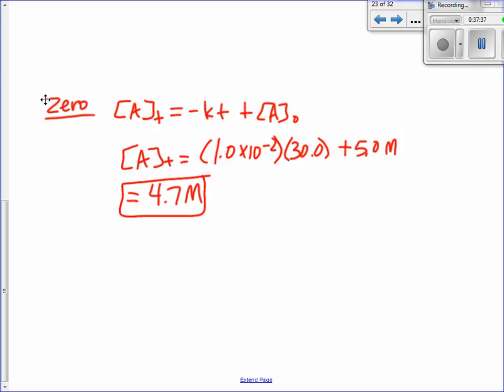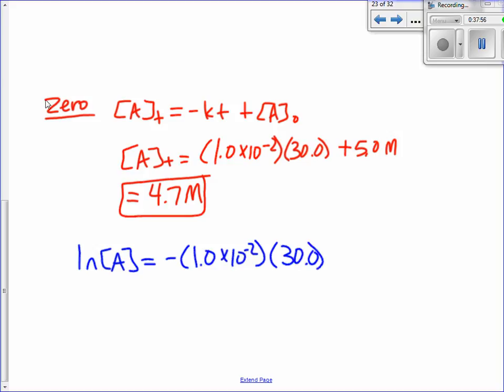Okay, so you got 4.7. Yes. Set up the 0 order. First order. Natural log now. Yeah, the 1.5.